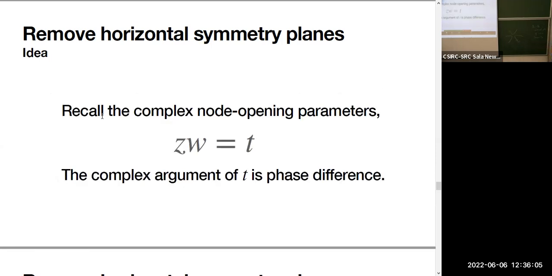So recall the parameter t that I used. The complex argument of t is exactly the geometric interpretation of the phase difference between two adjacent saddle towers. So when we glue them, there is this new dimension that never appeared before.